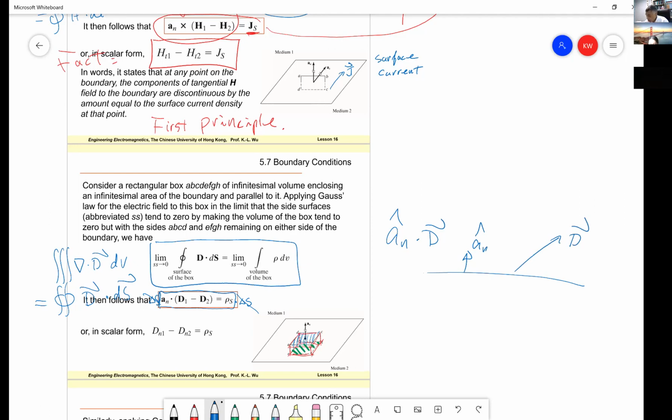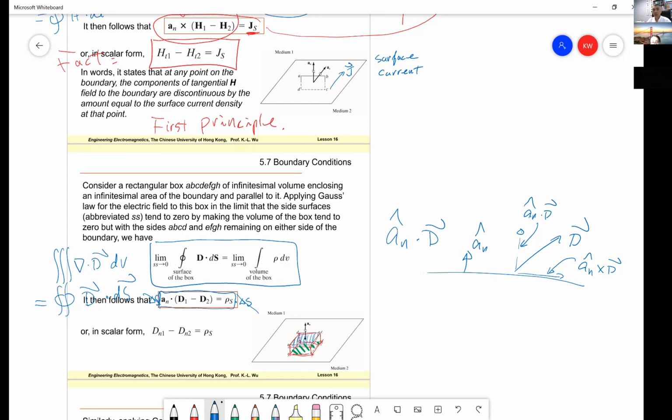When I dot, this component is an dot D. Then what is this other component? This component is an cross D, which is the tangential component.